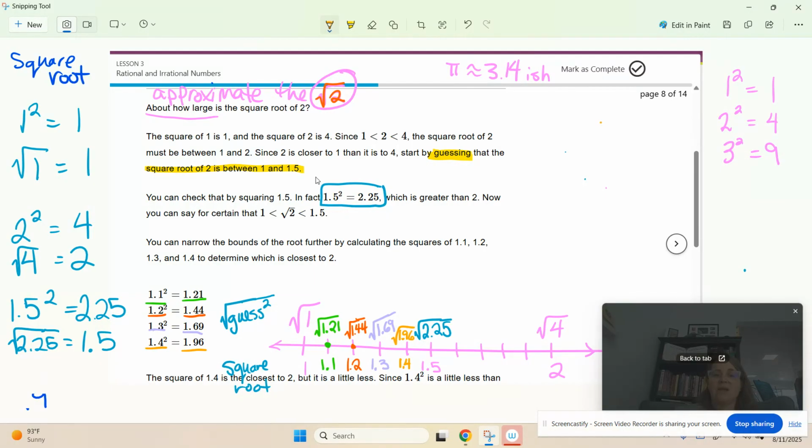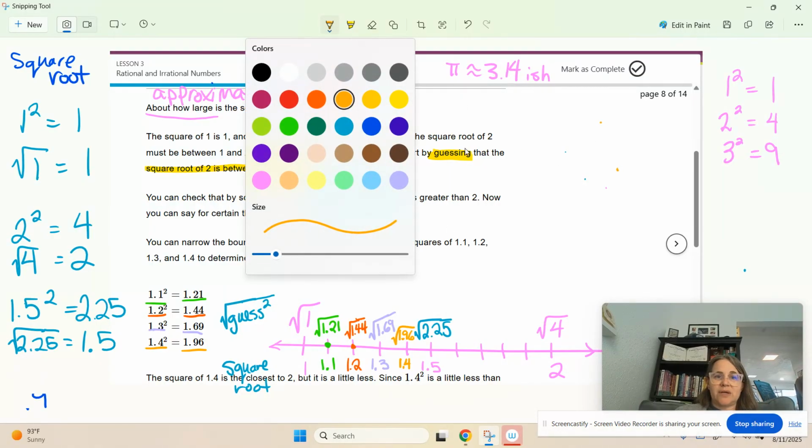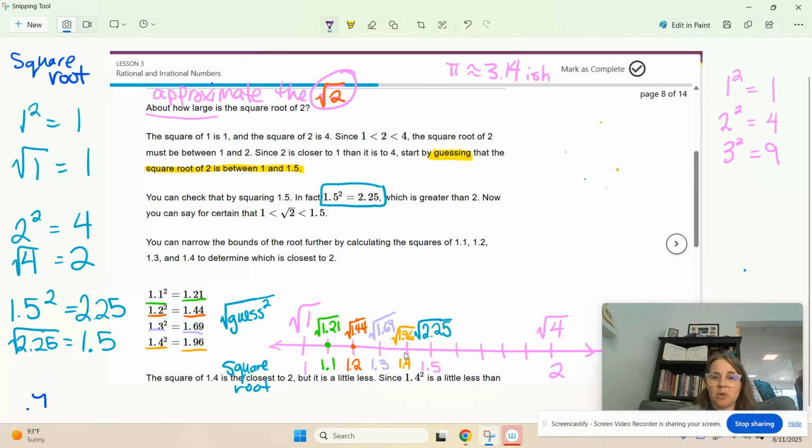Ooh. Okay, so what does that mean? Well, let me get the brightest color I can find, this nice purple. That means that the square root of 2 has to be somewhere in here, right? Because 2 is going to be in between 1.96 and 2.25. 1.96 is less than 2, which is less than 2.25. Okay, so we've narrowed it in really well.